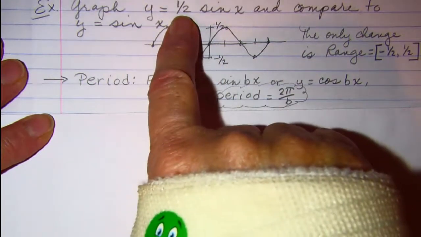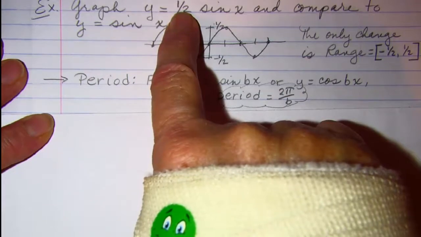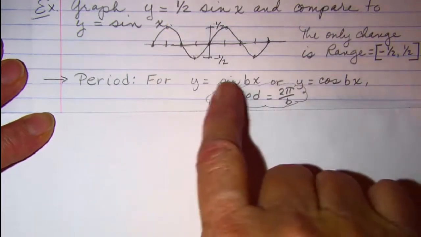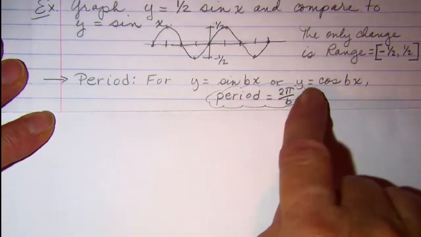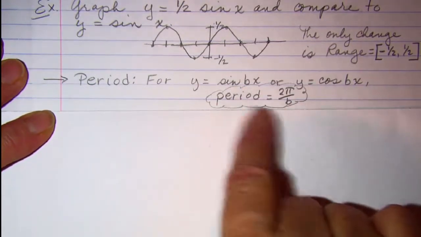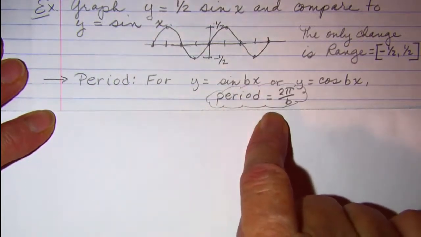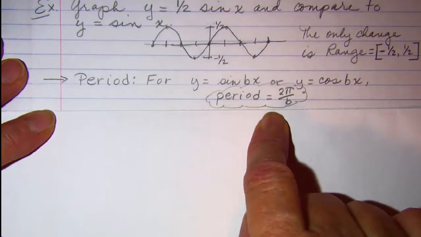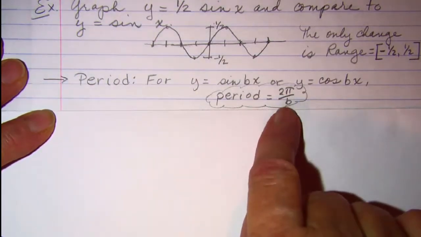On the previous example, it was the coefficient out in front of the sine. So for y equals sine bx or y equals cosine bx, you need to write this formula down. This is the formula for finding the period of the curve. The period is equal to 2 pi over b.